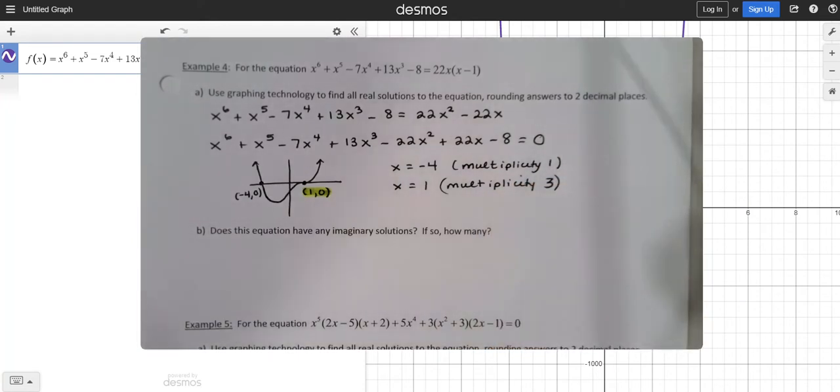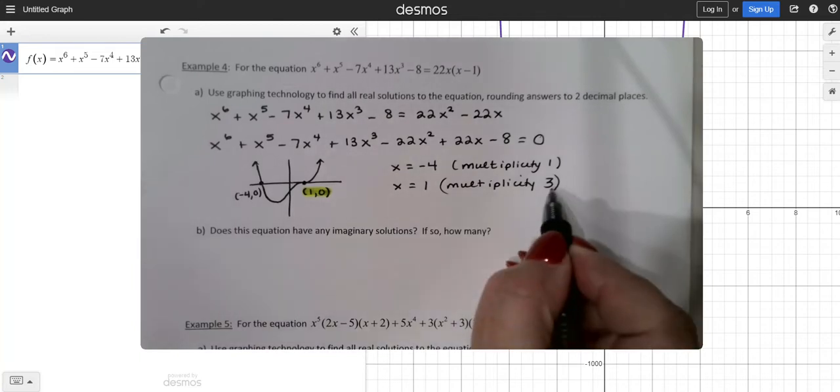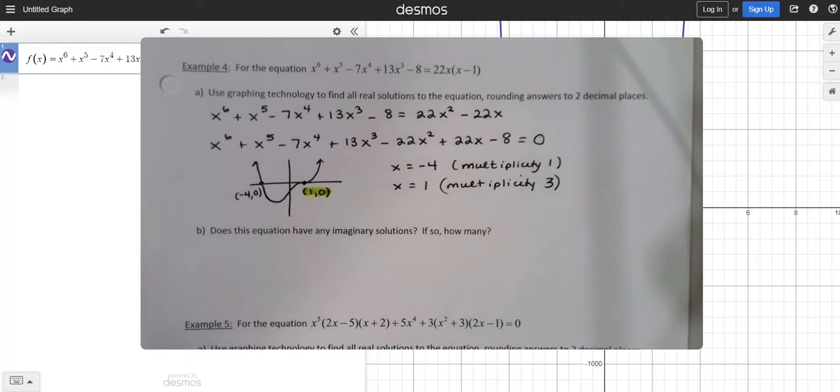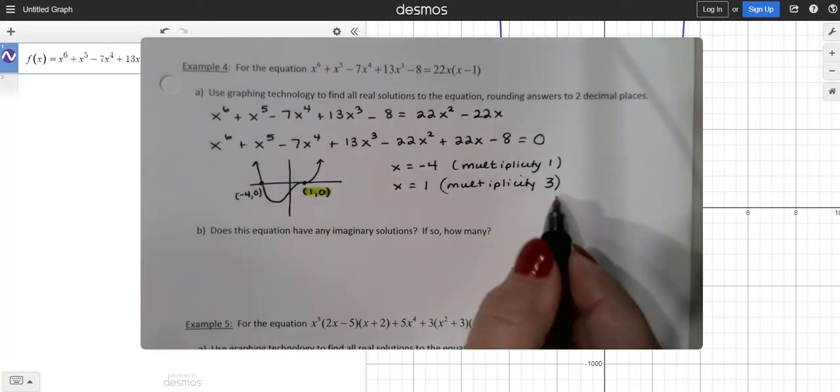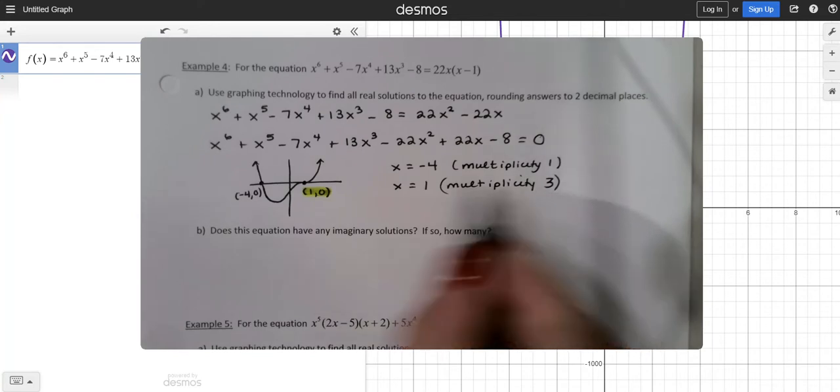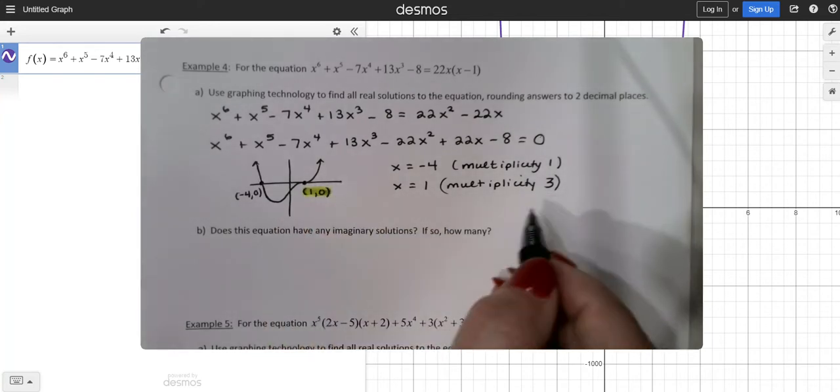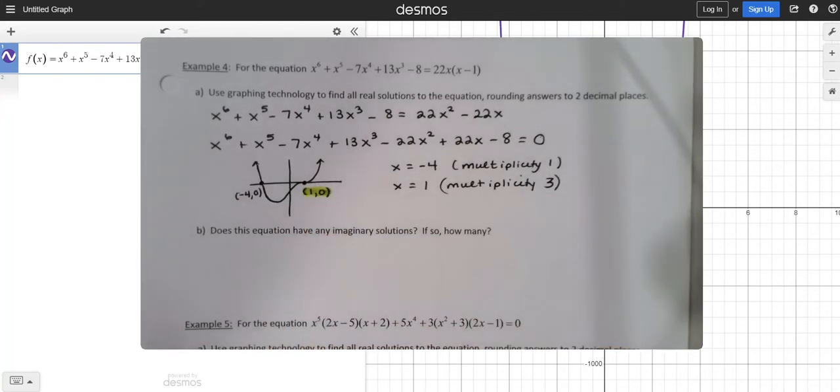Now, I'm going to be honest, I can't be 100% sure that's not multiplicity 5, but I think it's probably 3, and I'll explain a little bit more about that in just a minute. Hopefully you're understanding why it's not 1 or 2. 2 would be a bounce off, right? It's got to be at least 3.